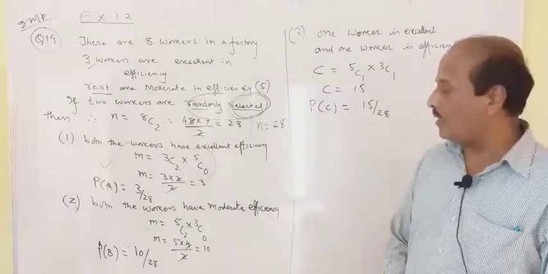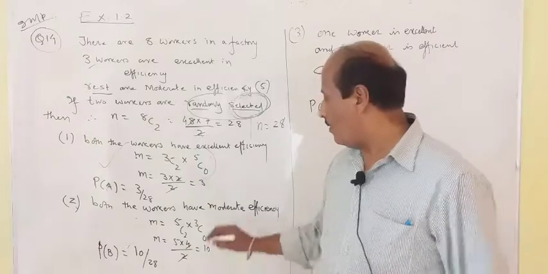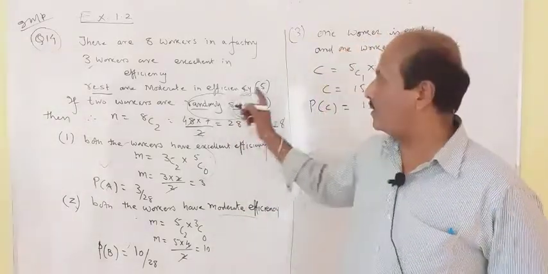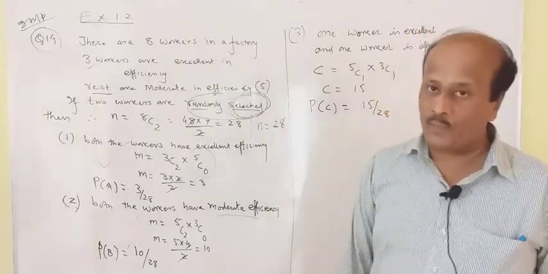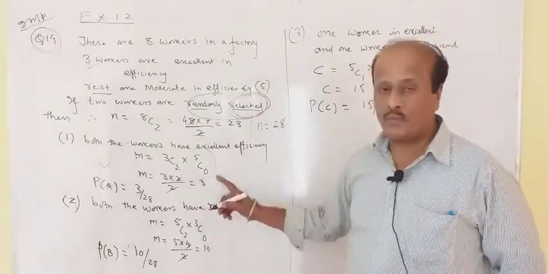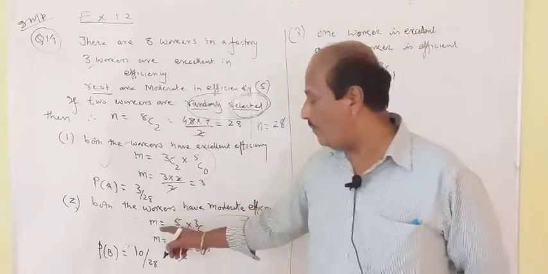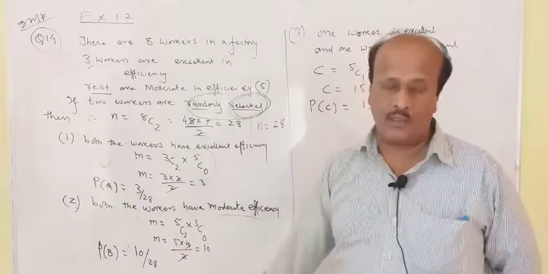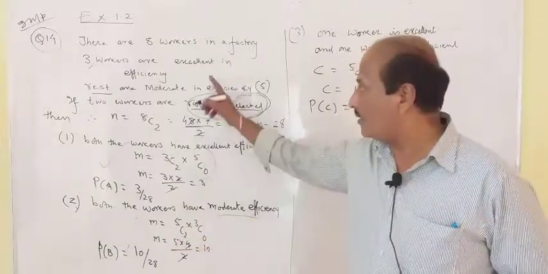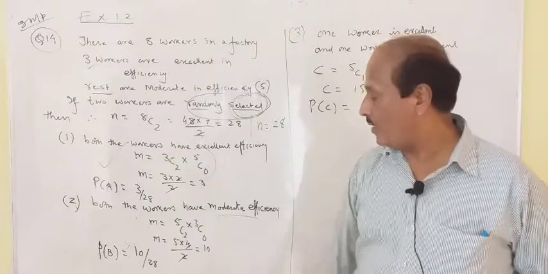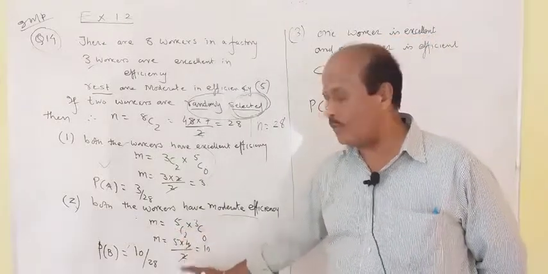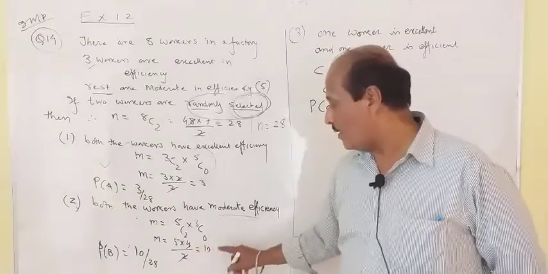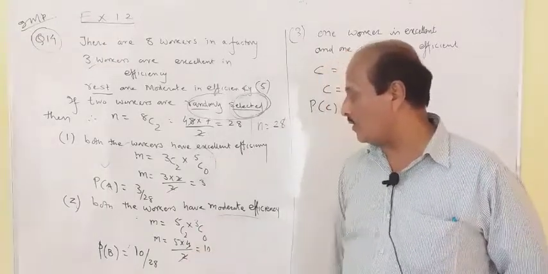Now the second part is: both the workers have moderate efficiency. I already told you the moderate efficiency persons are 5, and both chosen persons have moderate efficiency. So our M will be 5C2 into 3C0, because we don't require the excellent efficiency ones. Solving, 5 into 4 divided by 2, the 2 cancels with 4 giving 2, so 5 twos are 10, and 3C0 is equal to 1.